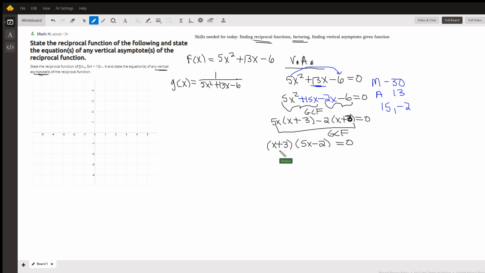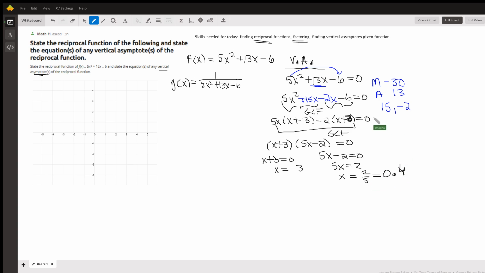Then you're going to take each factor. x plus 3 equals 0, 5x minus 2 equals 0. And we get x equals negative 3. 5x equals 2, and x equals 2/5, which is 0.4.